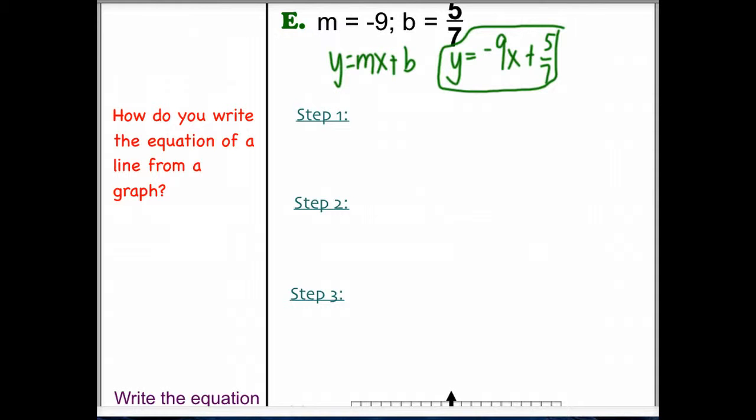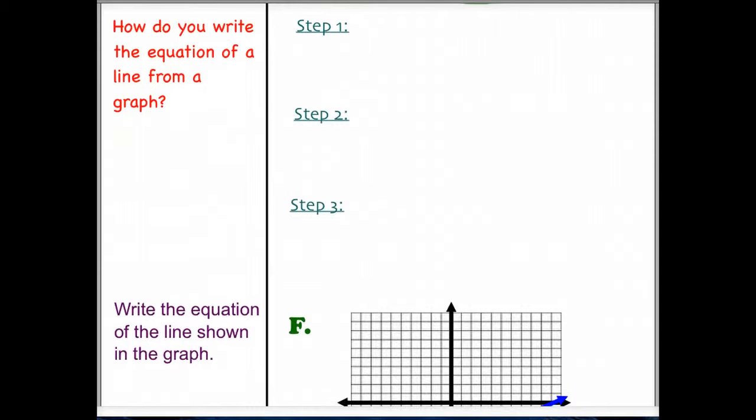Now we're going to try one new way, which is writing an equation of a line given a graph. The first thing we do is find b, and remember b is our y-intercept, so where it crosses the y-axis.